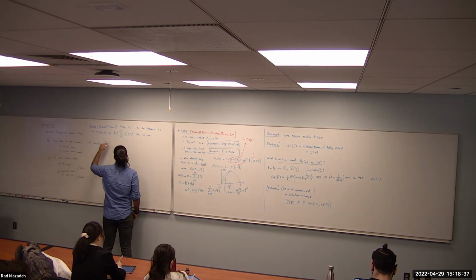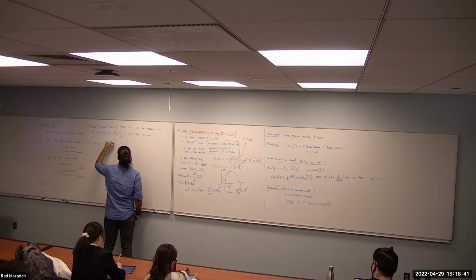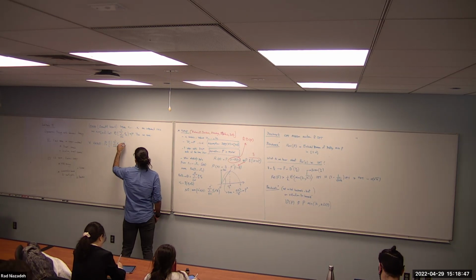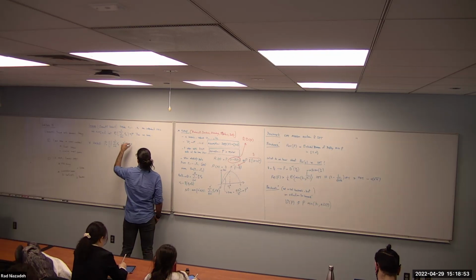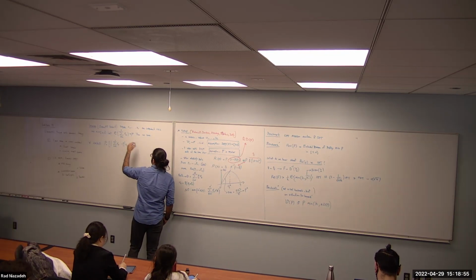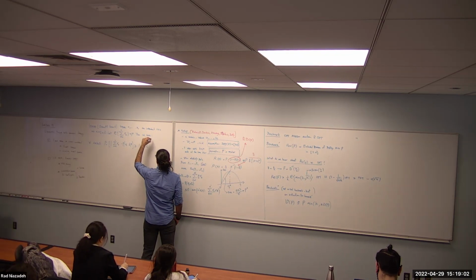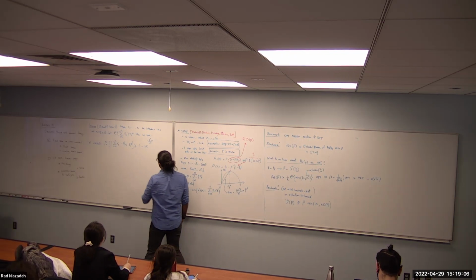So the probability that the absolute value of the summation t from 1 to n of xt minus mu is less than or equal to delta times mu is at least 1 minus 2 times e to the power minus delta squared divided by 3 times mu.